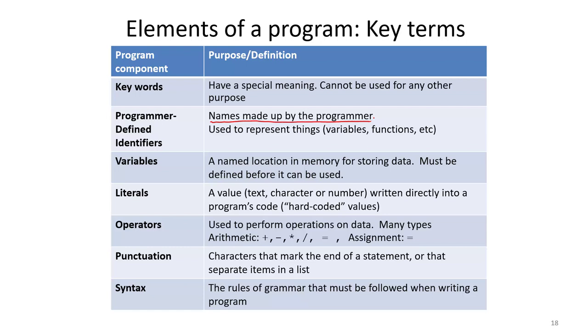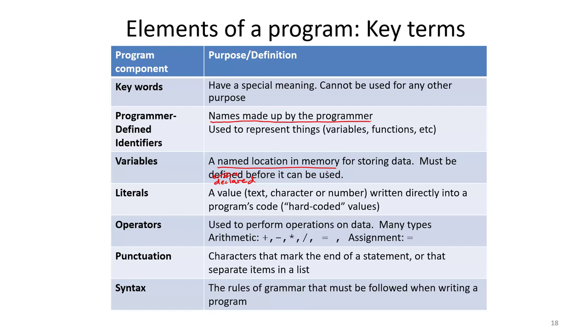A variable is a named location in memory, and it's used for storing data. And notice we must declare that variable first before we can use it. Defining a variable is actually giving a variable a value, which can be done later on, but you always have to declare a variable before you can use it.